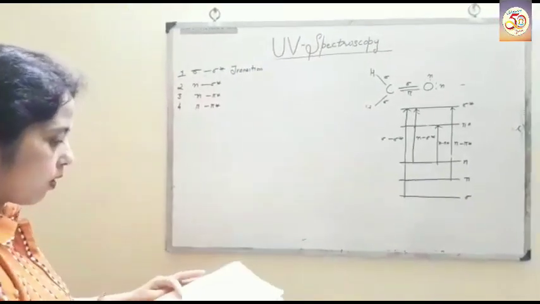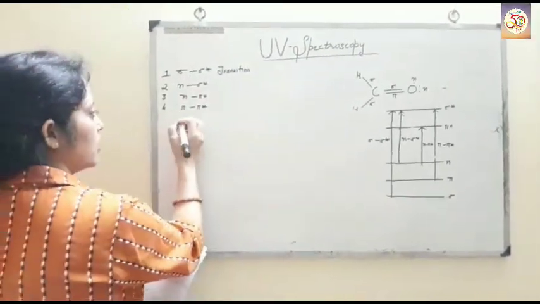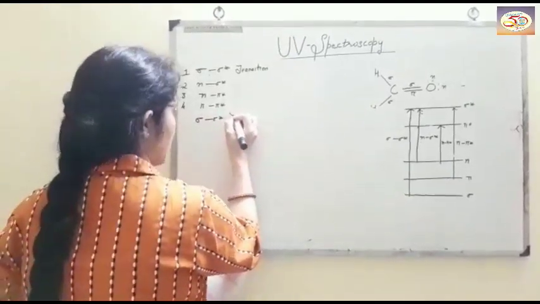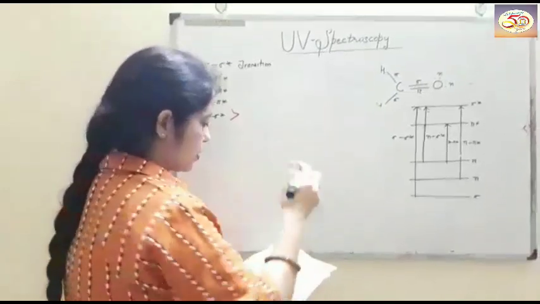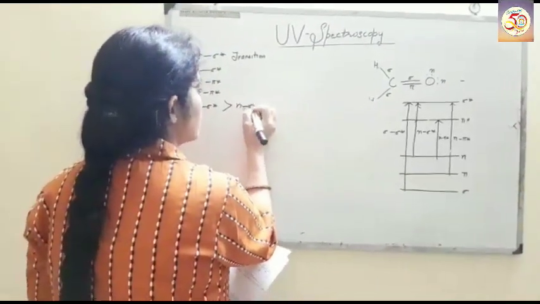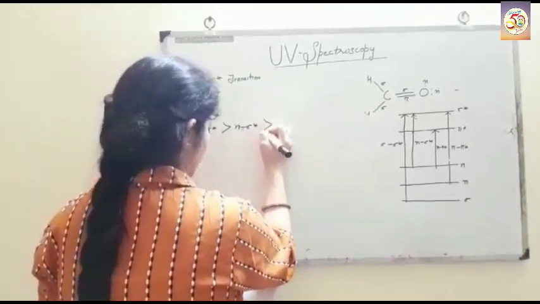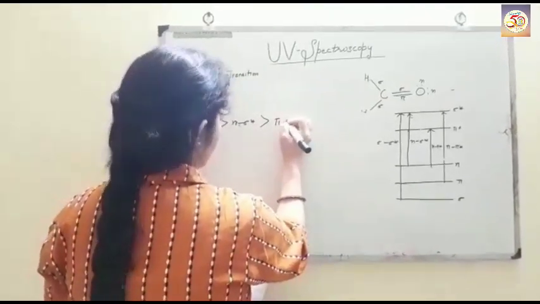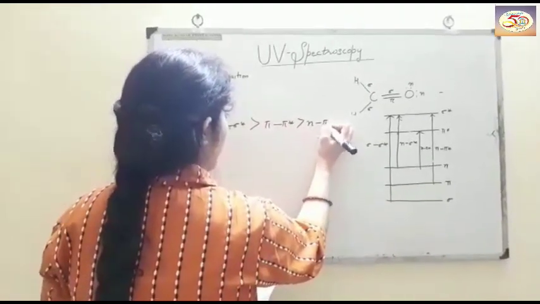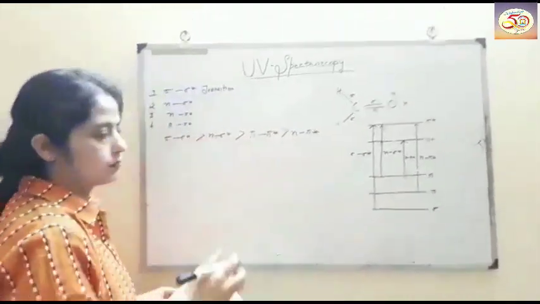These four types of transition follow an energy order. Sigma to sigma star is the highest energy transition, then comes n to sigma star, then comes pi to pi star, then comes n to pi star transition.